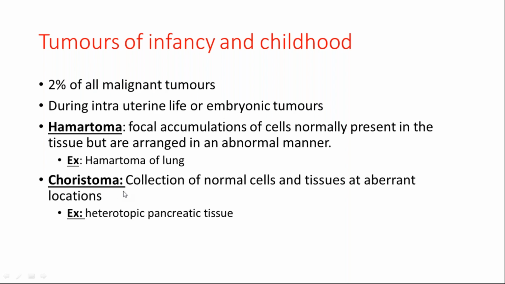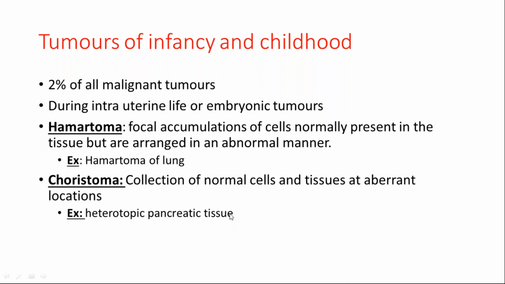Next, coming to choristoma, it is collection of normal cells and tissue at aberrant locations. Example is heterotopic pancreatic tissue. Choristoma is also known as heterotopia, means presence of one tissue in another place.